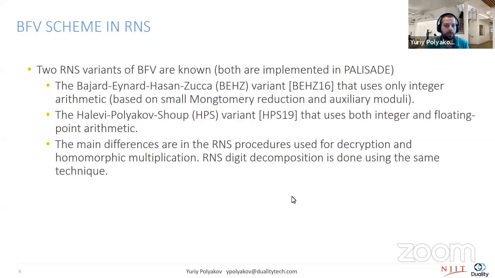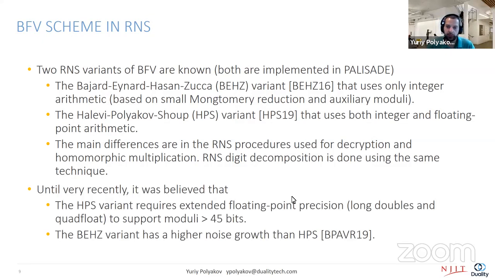And the other approach, the HPS variant, uses both integer and floating point arithmetic. The main differences between those two variants are in the RNS procedures used for decryption and multiplication. The digit decomposition is solved the same way that was originally proposed in the BEHZ work.